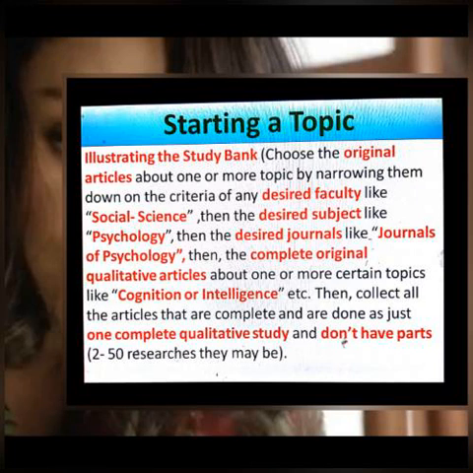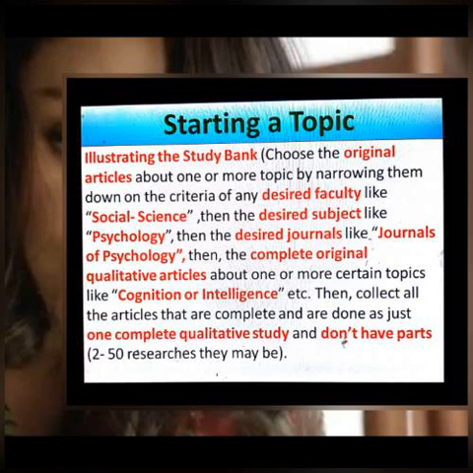So the process for illustrating the study bank is that firstly choose the original articles about one or more topics, by narrowing them down on the criteria of any desired faculty, like the social sciences, for example, and then the desired subject, like psychology in the social sciences, then the desired journals, like journals of psychology, then the complete original qualitative articles in those journals about one or more certain topics.